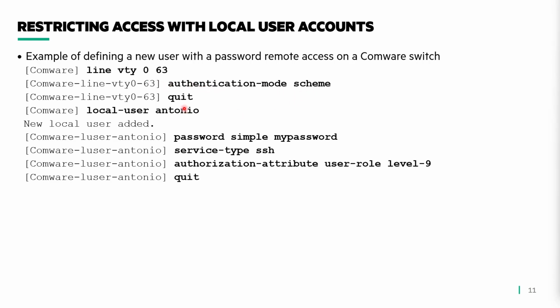Authentication mode scheme, and in this example, we're creating a user, local-user Antonio, and the user has been added, and we create a password here for that user. And we have defined the service type equal SSH. And then the other authorization attribute for that user is level 9. So when that user connects with SSH, they will get to level 9.